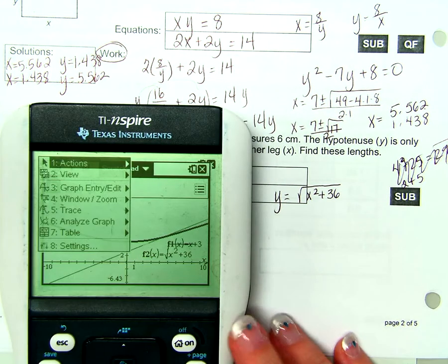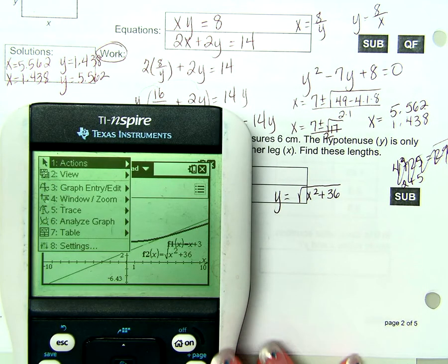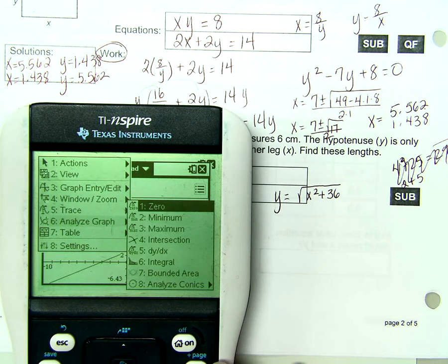So I need to do menu, analyze the intersection.